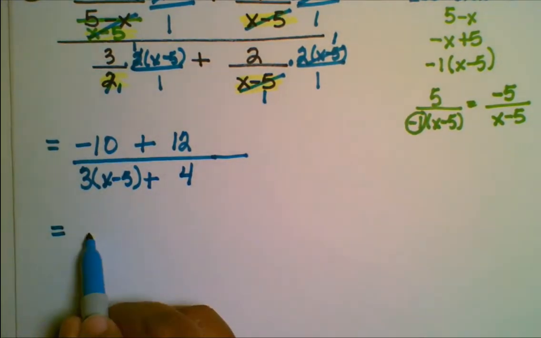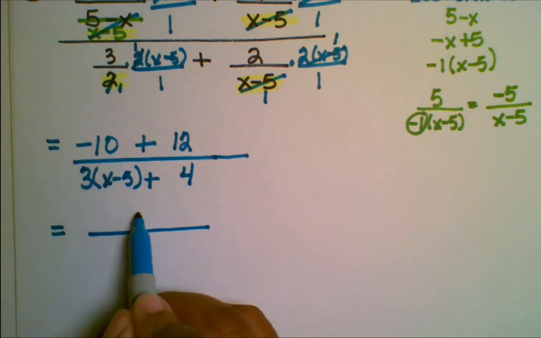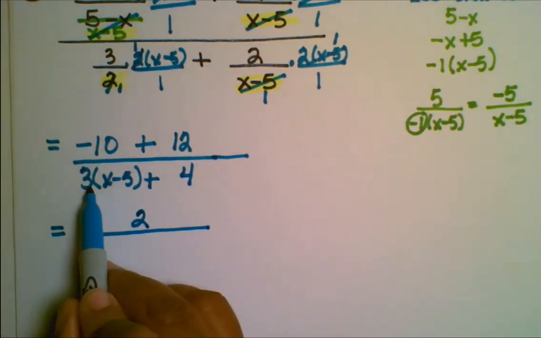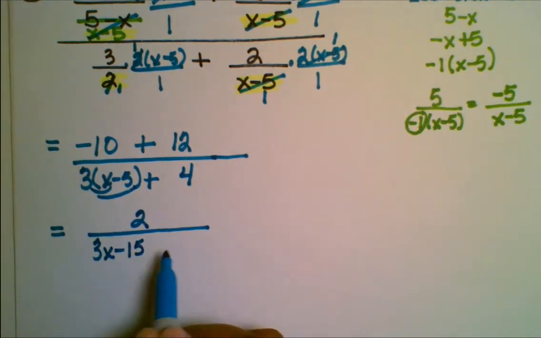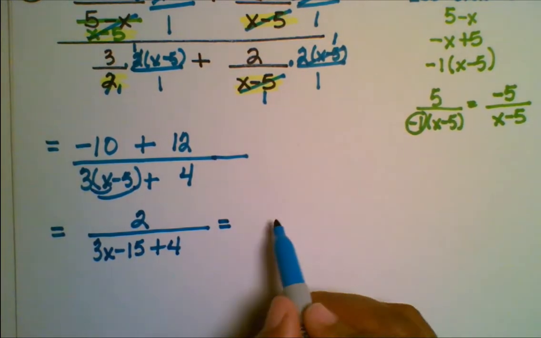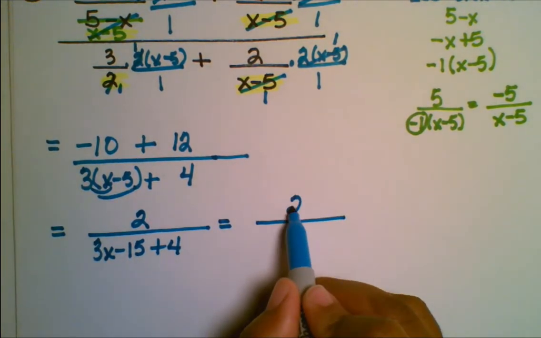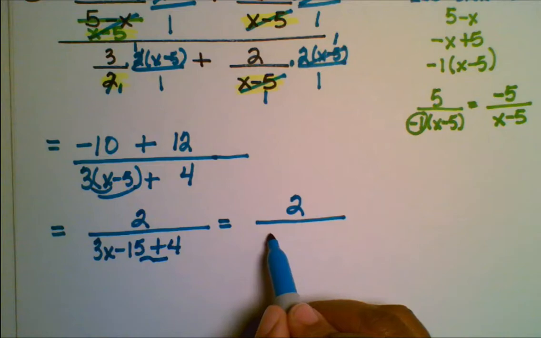So now our numerator, we have negative 10 plus 12, which gives us 2. Our denominator, we're going to distribute. We have 3x minus 15 plus 4. Combine your like terms in your denominator, the negative 15 and 4, and we have our solution.